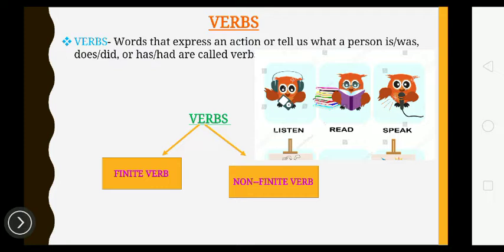So cry is the first form, and the second and third forms are both cried. Here ed is added to the root form to make the second and third forms. This is known as a regular verb.